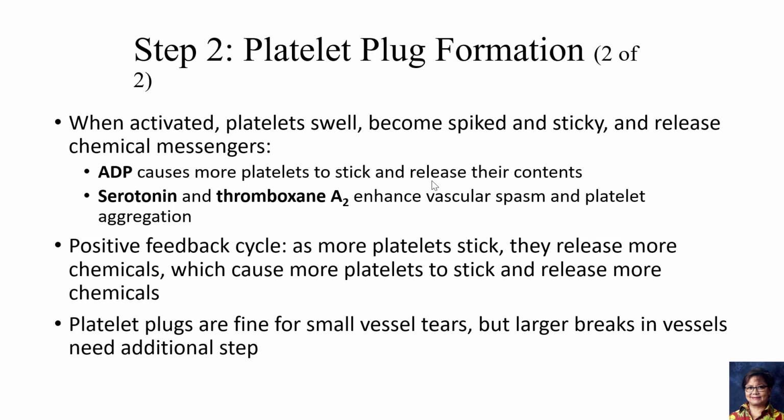They will become spiky and sticky, and they will release chemical messengers such as ADP, serotonin, thromboxane. And the more the platelets become sticky, for as long as there is injury right there, it's a positive feedback thing. Your platelets will be releasing more chemicals. They become still more sticky. They pile one on top of each other. And then the pile of platelets gets bigger and it becomes a plug.